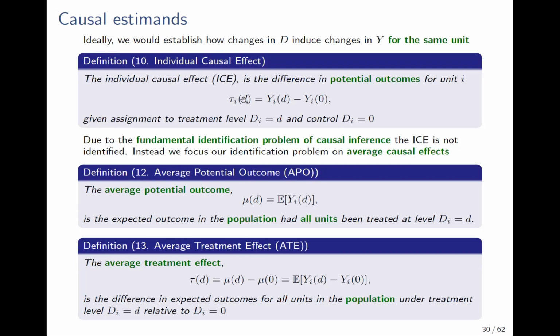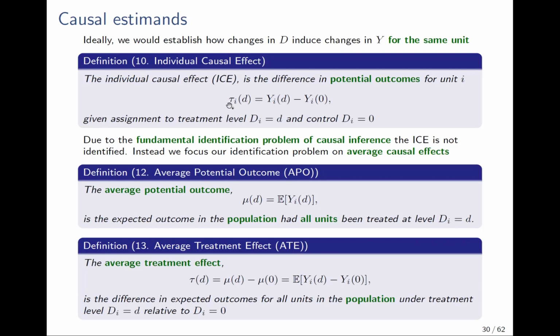It's indexed by i because it's specific to unit i, and it's simply the difference between the potential outcome unit i would have recorded under treatment level d minus the potential outcome under treatment level 0, or in other words, under control. This doesn't have to be control, it doesn't have to be no treatment. It could be some other reference case, but we'll use control for the moment just to keep matters simple.